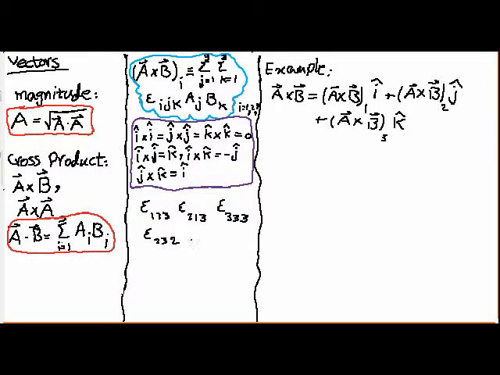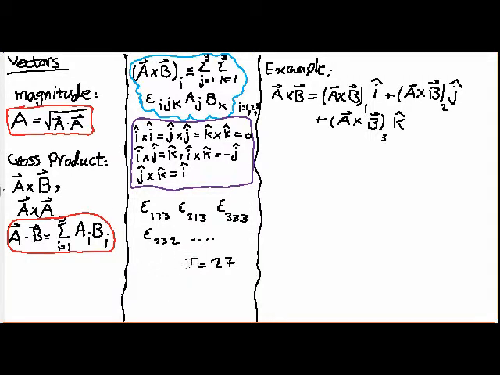I can have 3 times 3 times 3 epsilons, because i runs from 1 to 3, j from 1 to 3, and k from 1 to 3. So if I multiply all of them, I have 27 components, but don't worry, most of them are 0. Now I tell you.